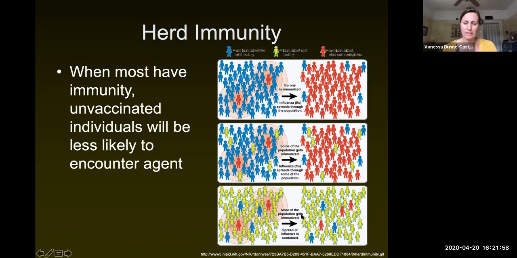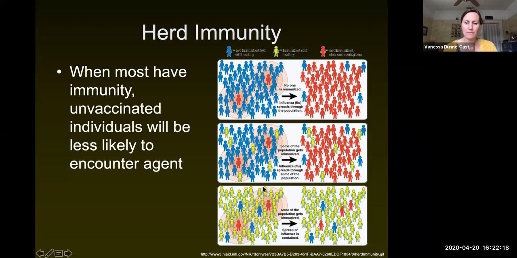This is what herd immunity is: trying to get the whole population immunized in high enough numbers that even if sick people come into that population, the risk of them passing on that infectious agent to people who are susceptible is very, very low. And the number here is something about 60 to 70%.